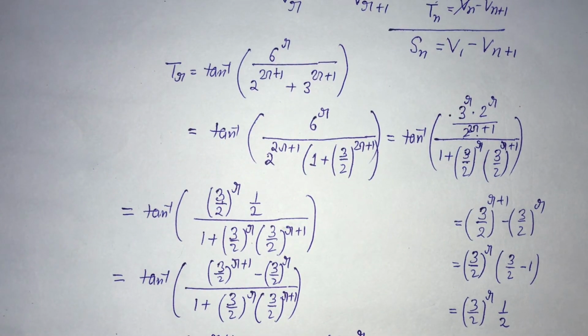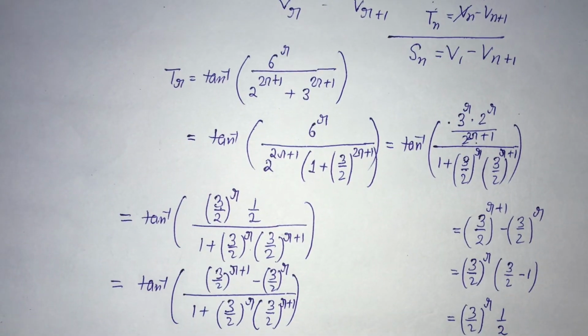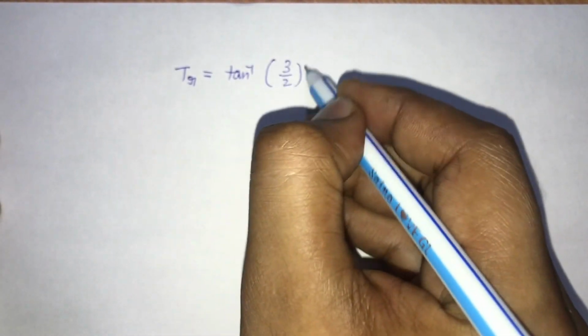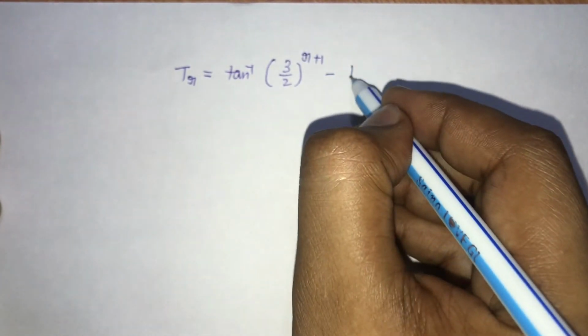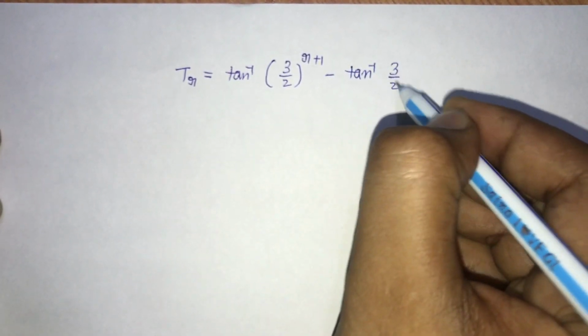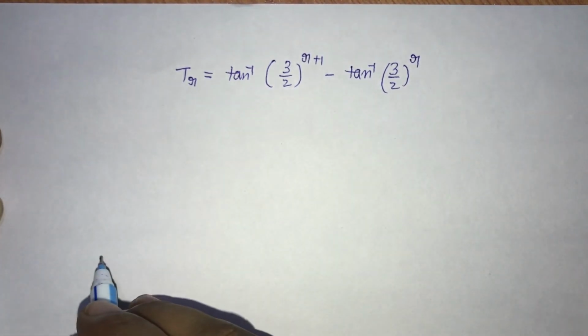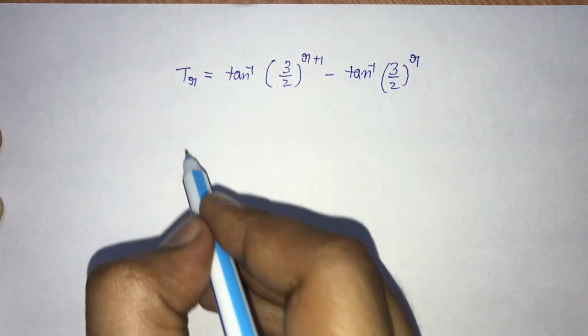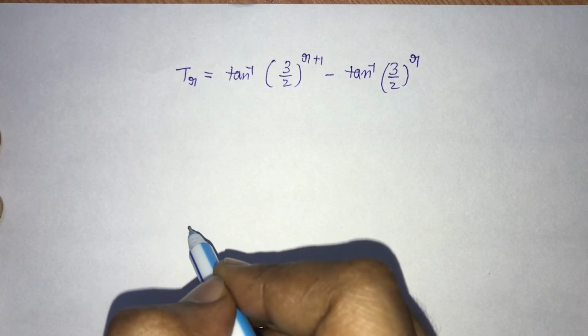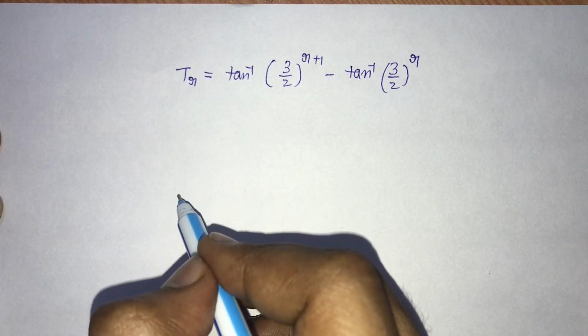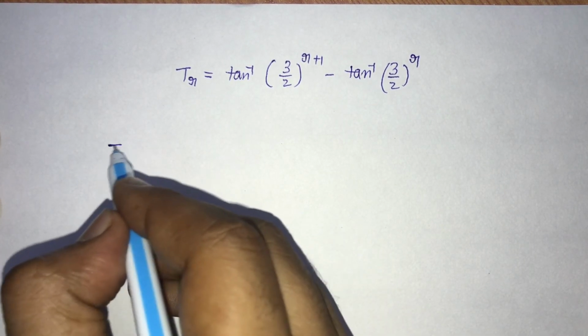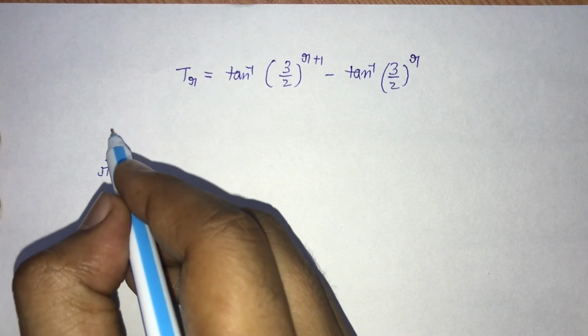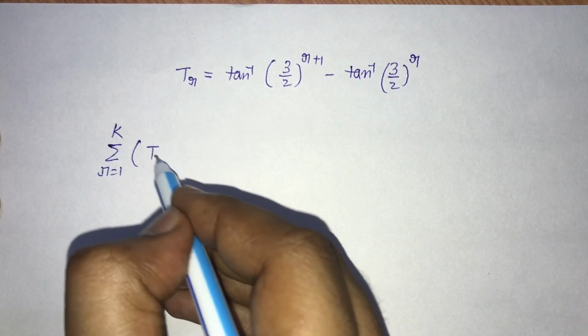Let us write Tr once again and then put the sigma over there. So students, this is your Tr, tan inverse 3 by 2 raised power r plus 1 minus tan inverse 3 by 2 raised power r. We want T1 plus T2 plus T3 and so on up to Tk, because we want actually sigma of r equals to 1 to k Tr.